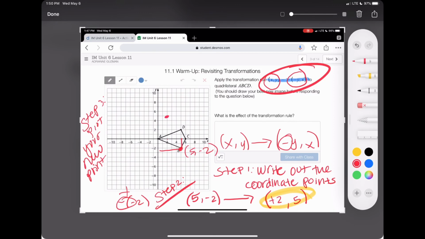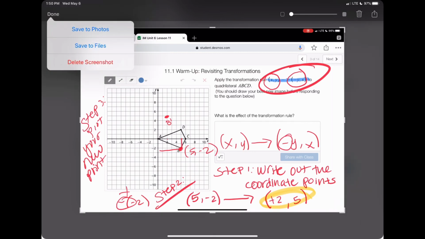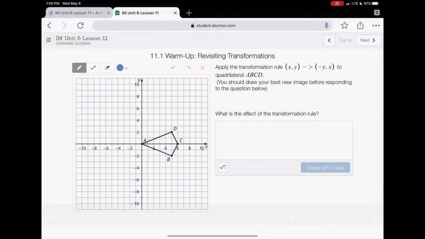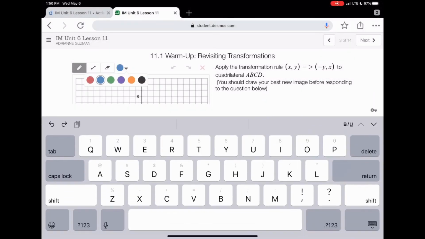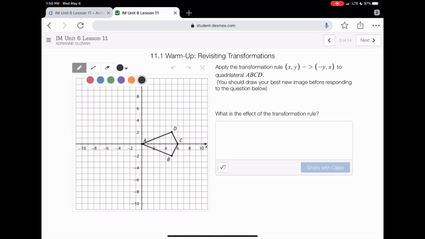And this is now called B prime and label. So go ahead and do that for the rest of these. And you could actually, so what's my new point? 2, 5. If I go on here, I could plot a new point. 2, 5. And you see, you can actually write on this graph here. So go ahead and finish that and keep going, and then we'll have the next video on another slide.